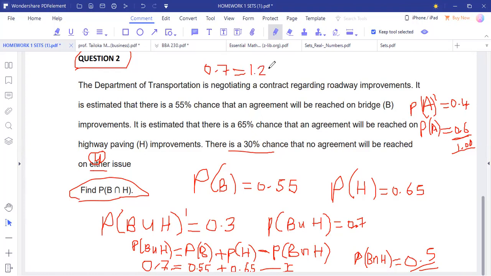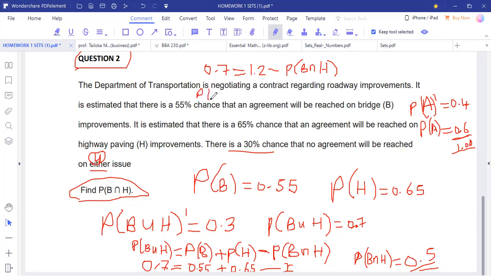Then 1.2 minus the probability of B intersection H. You've seen that, right? So we can now let this one come to the other side because it has a minus and becomes a plus. Are we together? Yes. So when this negative probability of B intersection H comes to the other side, it becomes the probability of what?